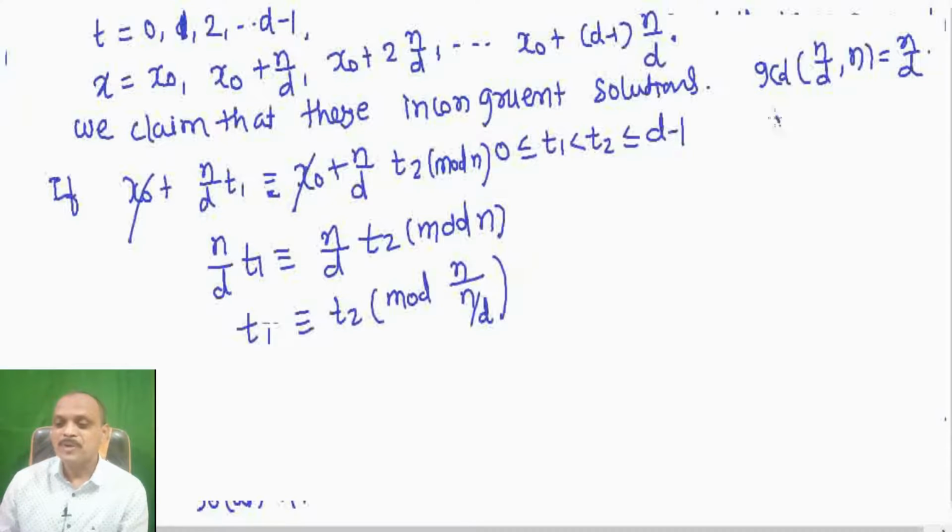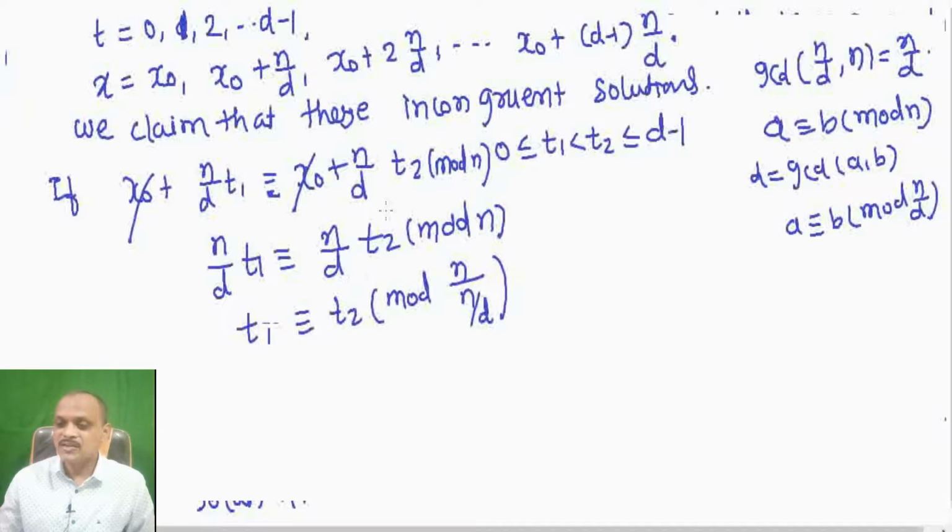Okay, so remember that theorem: if CA is congruent to CB, then we cannot directly cancel this C from the congruence relation; we get A congruent to B modulo n divided by the GCD. So here we get t1 congruent to t2 modulo d.